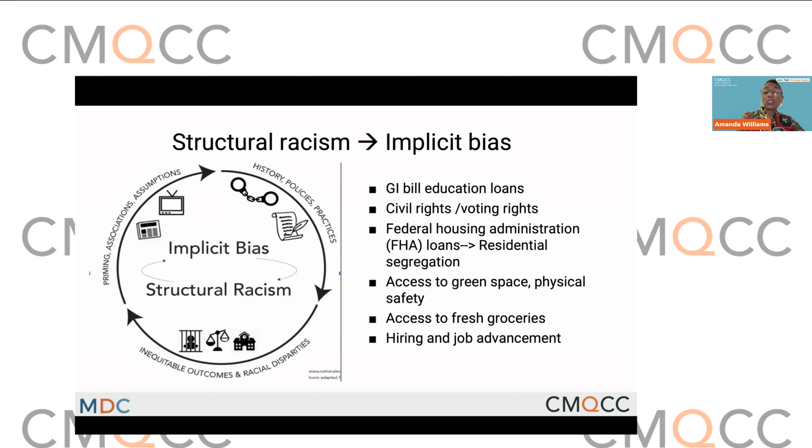When so many folks came back from World War II, and we're coming back to then get an education and have the GI Bill to support them in those pursuits, were those loans, was that education available to everyone? No, it wasn't. Black people were intentionally excluded.